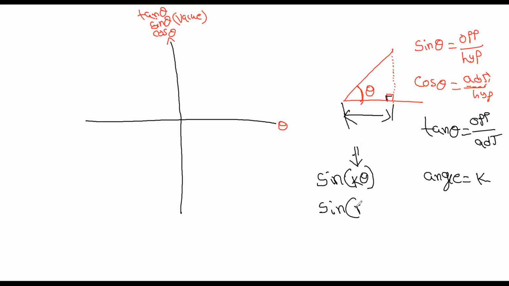But we will use sine as n theta, meaning the angle is n theta. When they have written sine k theta like this without any brackets, then we have to assume that k theta is the angle. Virtually we are drawing the brackets. When they have written it like this without any brackets, we have to know that this k theta is the total angle.